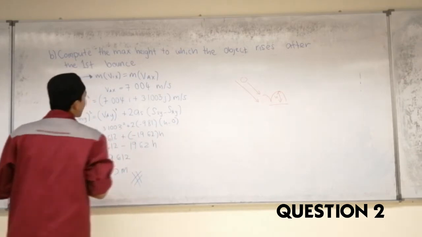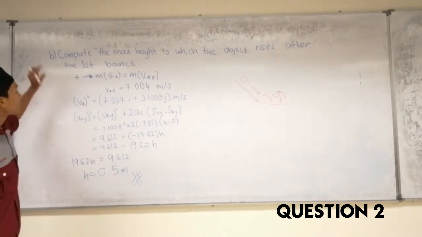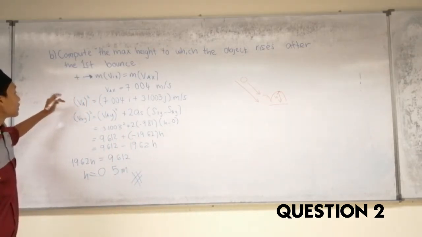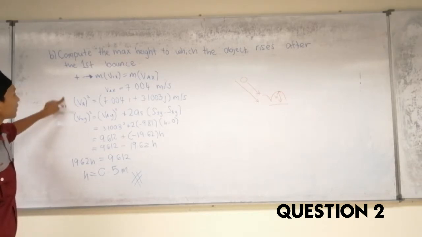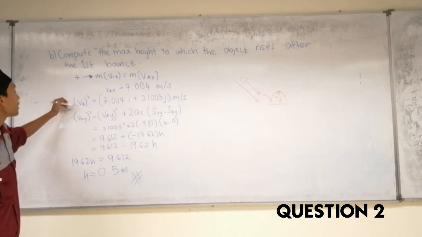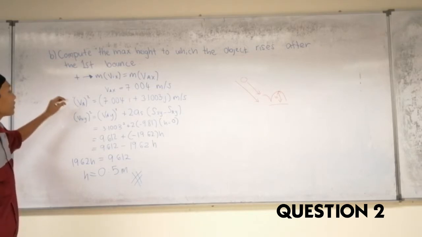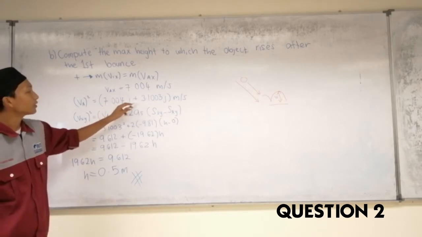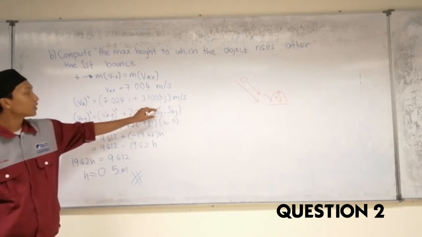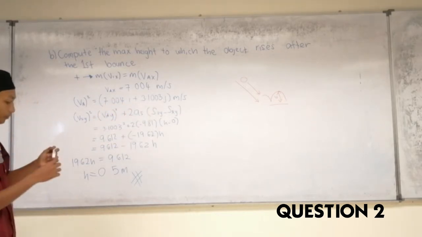And then, the velocity VA is 7.004i plus 3.1003j meter per second.